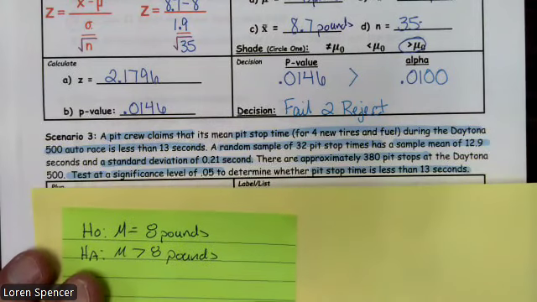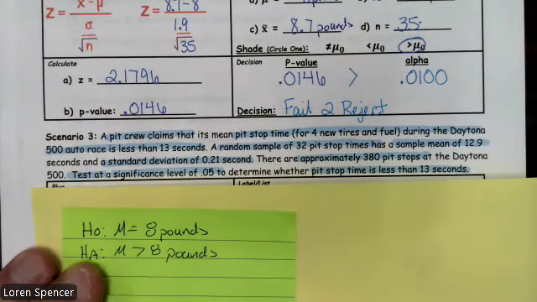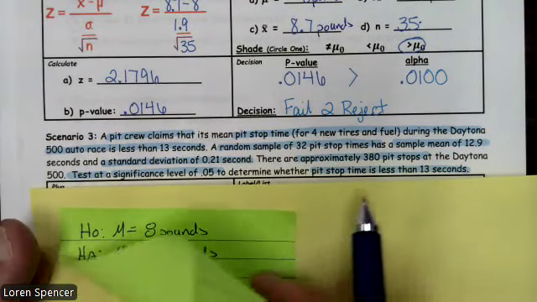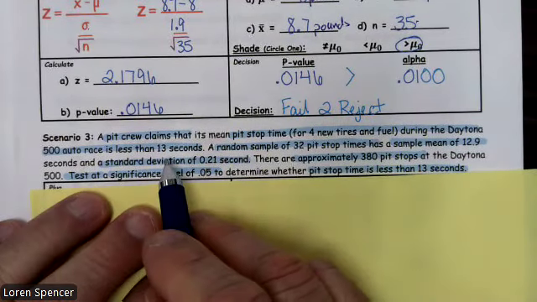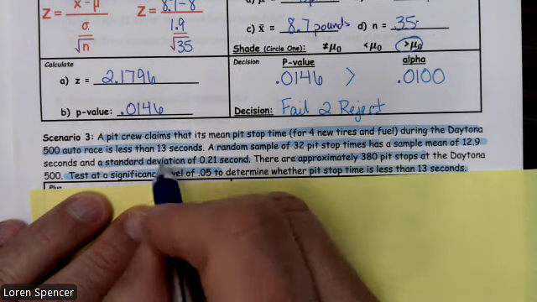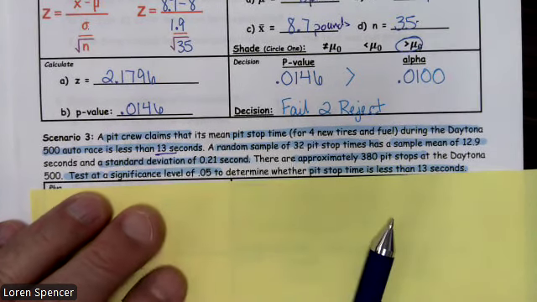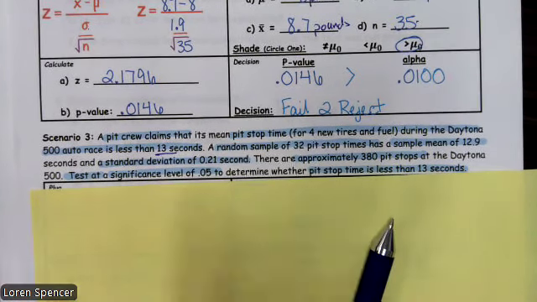Next scenario. A pit crew claims that its mean pit stop time for four new tires and fuel during the Daytona 500 is less than 13 seconds. All right, we have this 13-second claim.